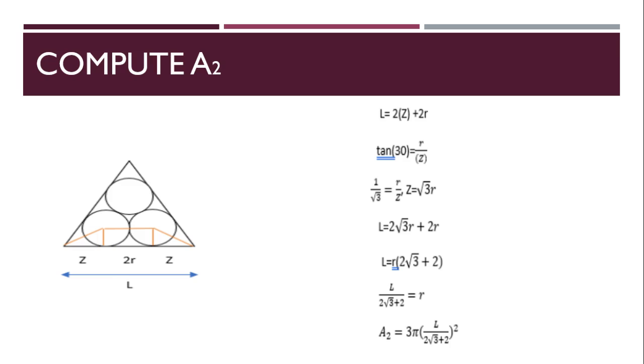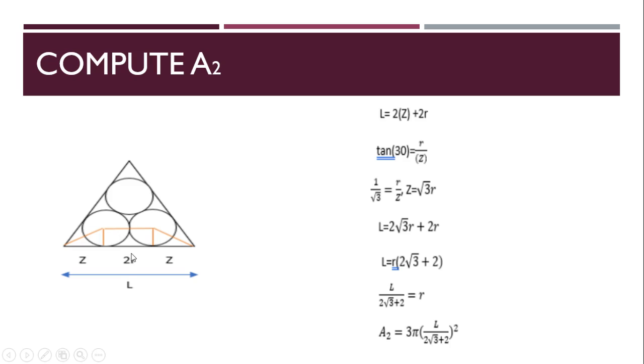So instead of making it L over 2, we're going to make it Z, so we don't get mixed up. And it's not L over 2 anymore because it's not half. We don't know what it is. So we're going to just call this Z. Now if you look closely to figure out the length of this, you can see that there's a radius here of the circle, a radius right here, and a radius right here.